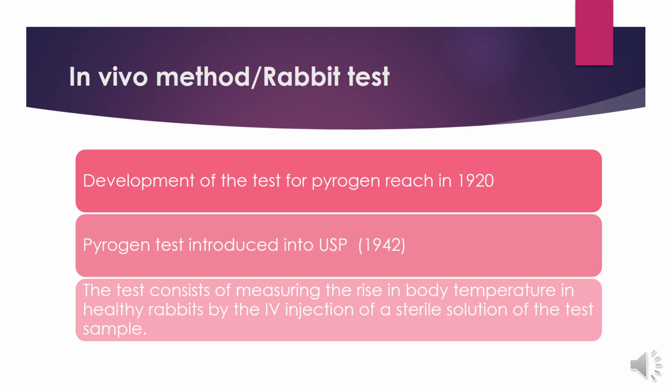If there is a rise in temperature, it means your solution has pyrogens, and if it shows no rise in the body temperature of these organisms, you can conclude that your sample is pyrogen free. So this is the way by which we check pyrogens in rabbits.